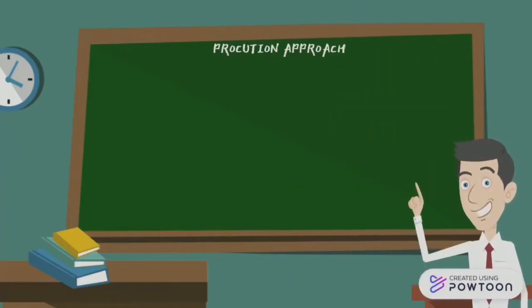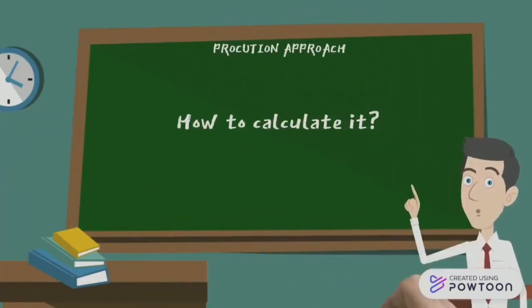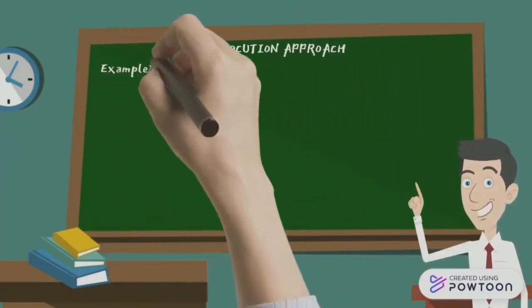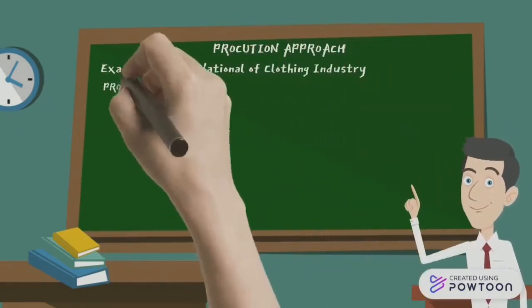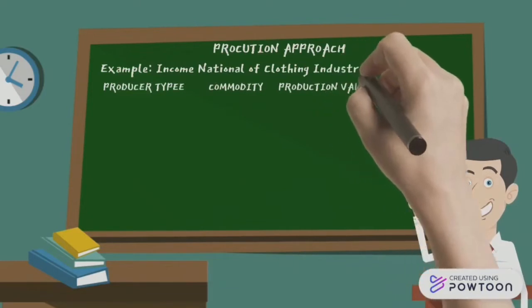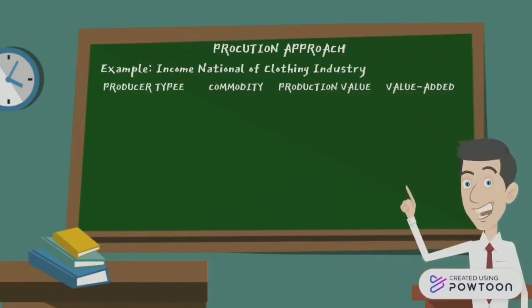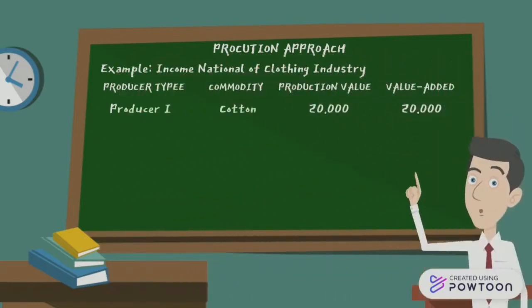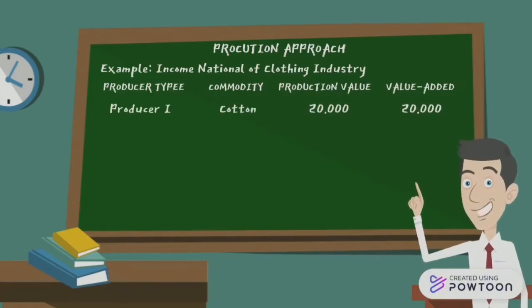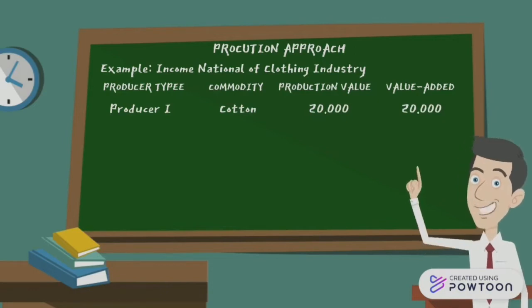Production approach. How to calculate it? Example: national income of the clothing industry. There are producer type, commodity, production value, and value added. Producer 1, commodity is cotton, production value 20,000, value added 20,000.